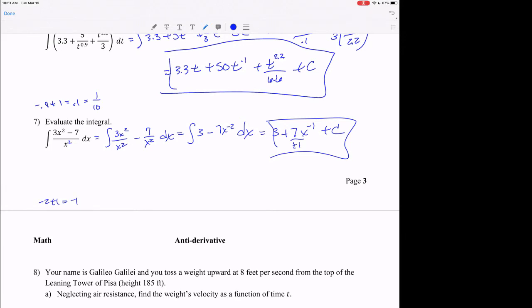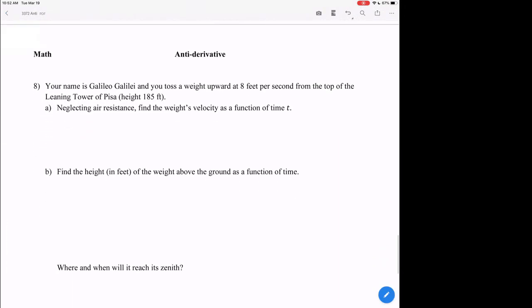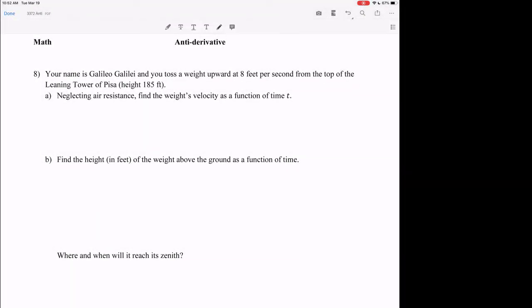And then we have one more example that is a word problem, because we always have a word problem. Now, this word problem is a little different.